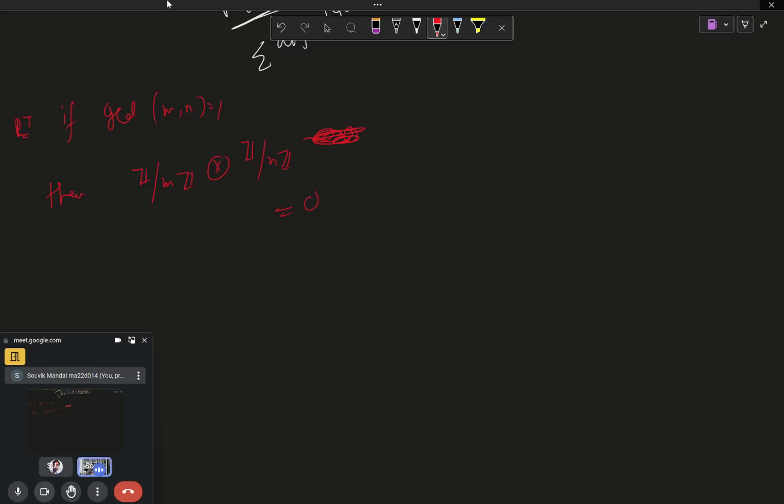Yes, fine. Then mZ plus nZ can be written in the form (m, n)Z. Then I have to show this is zero.